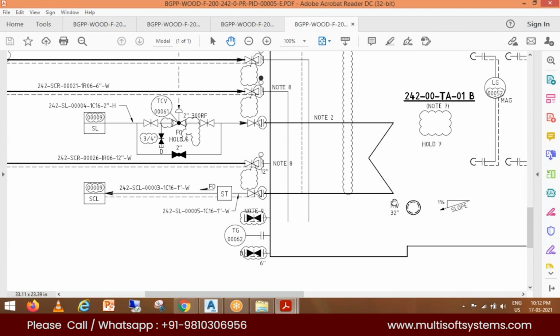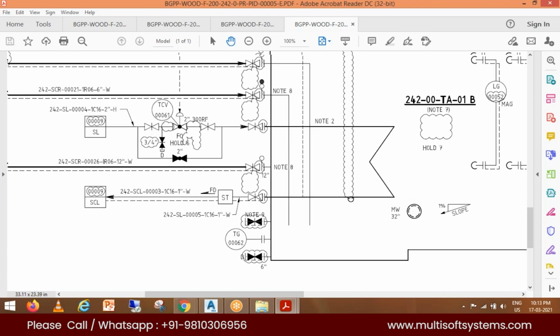Currently I am able to visualize that this is the instrument and this is the pipe run because I have done this kind of thing. This is the label of this instrument. Even though this is round shaped, this is not a label; this is also an instrument. But when it comes here, you cannot say this is an instrument. We will see this in detail.